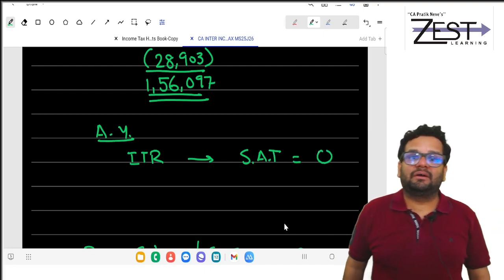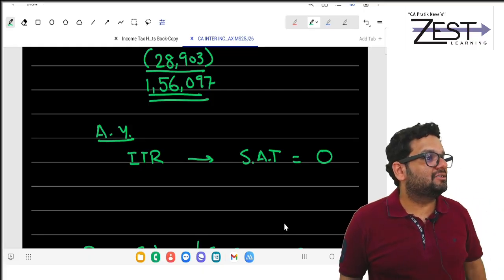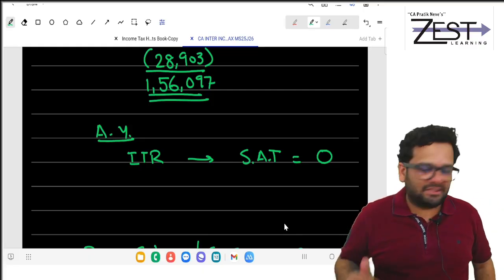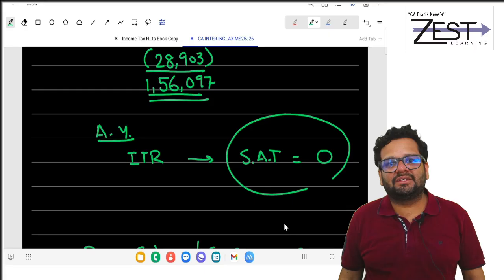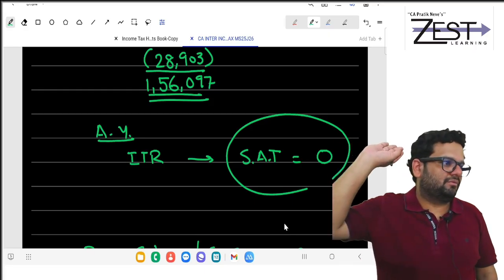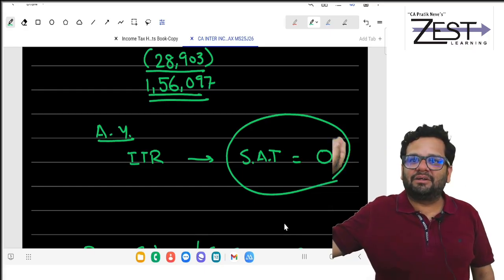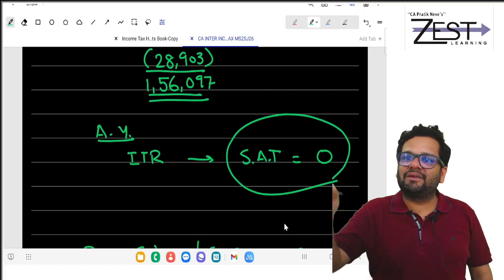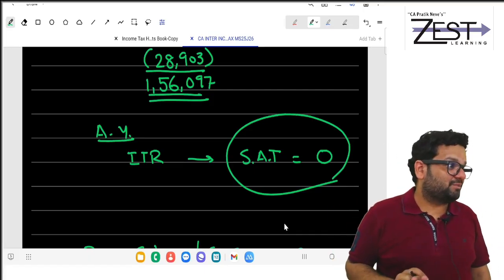I told you in the beginning that no CA will like to file ITR of salaried employee, because his SAT is 0. Because everything is done by HR department of his employer. HR department will calculate his liability and pay exactly that much as TDS. Usually that is expected to be done.